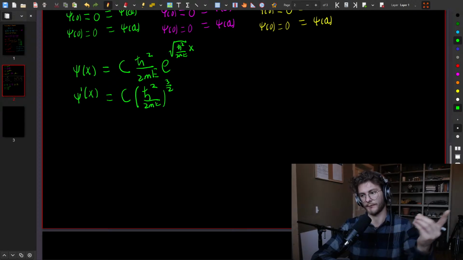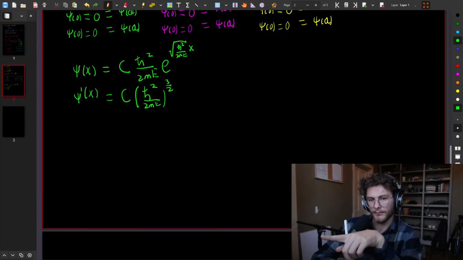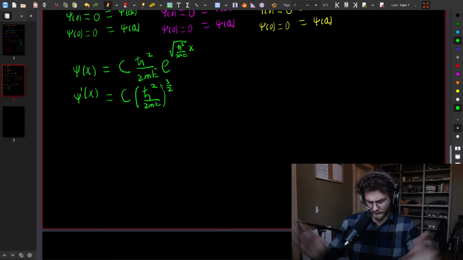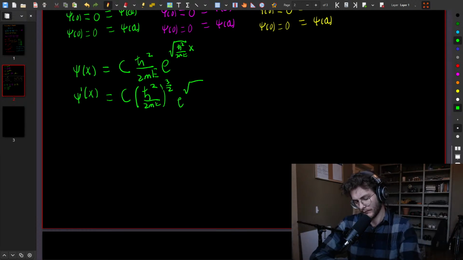Why to the 3 halves? Because that's to the 1 power. That's to the 1/2 power. This square root up here is to the 1/2 power. So what's 1 plus 1/2? 3 halves, baby. E to the square root of h bar squared over 2me x.